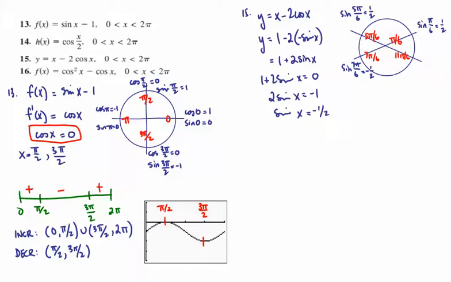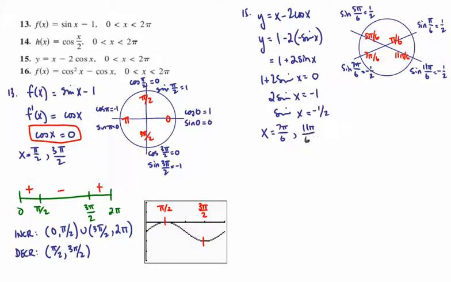When y is negative, sine will be negative, and sine of 11 pi over 6 is also negative 1/2. And so the places where sine will be equal to negative 1/2 will be when x is equal to 7 pi over 6 and 11 pi over 6.